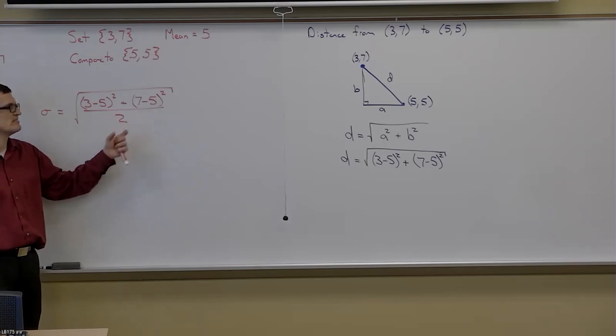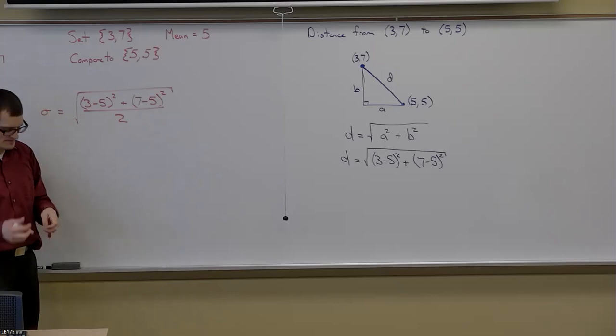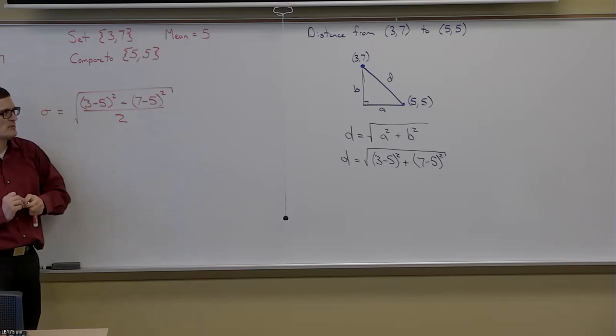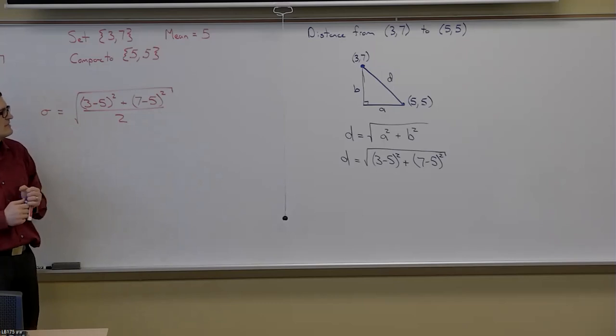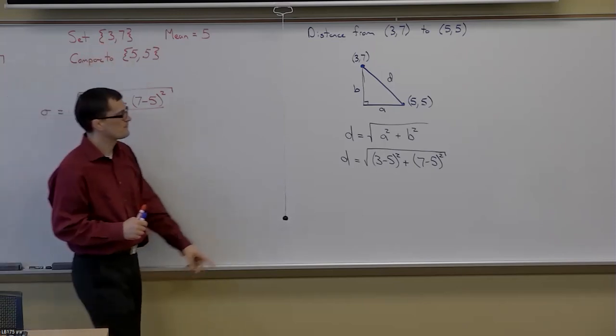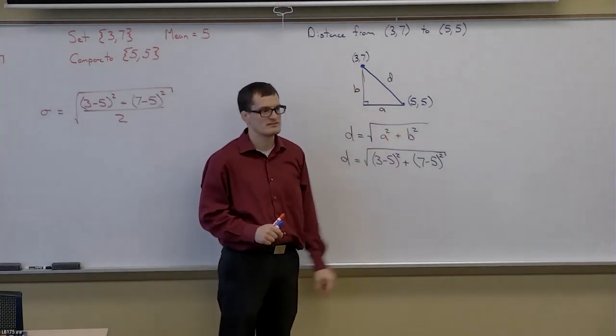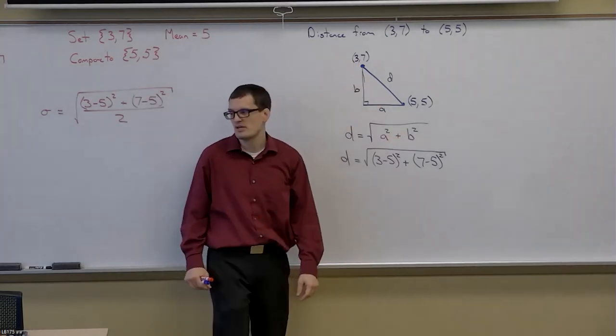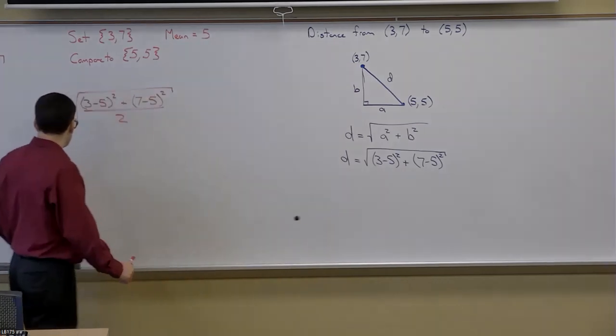So in one sense, not exactly this, but it's almost like the average distance. It's not exactly that, but it's a distance between two, just like a distance between 2 points, right? So that's what it's doing.